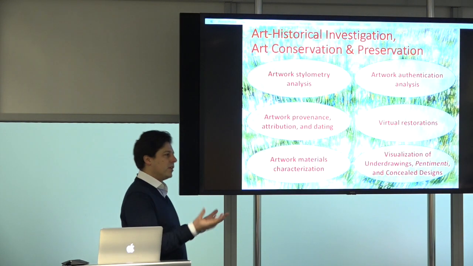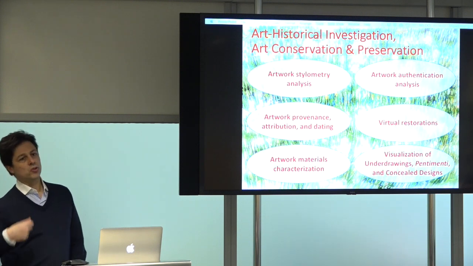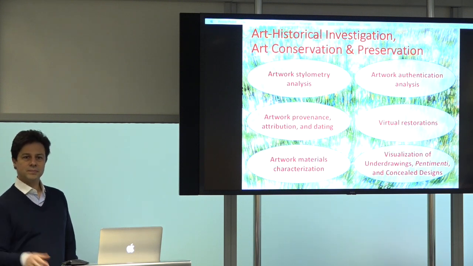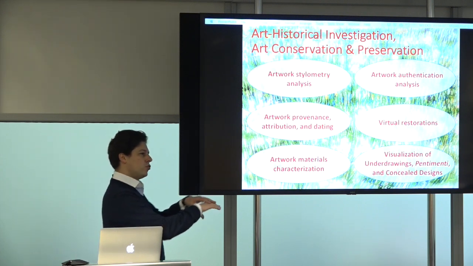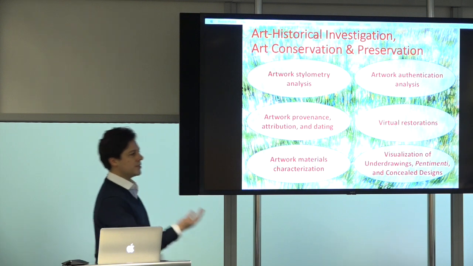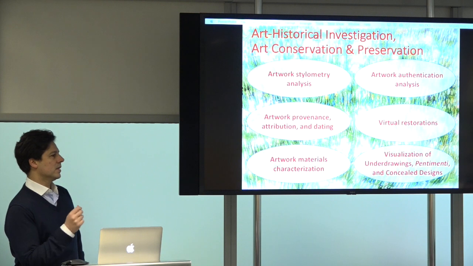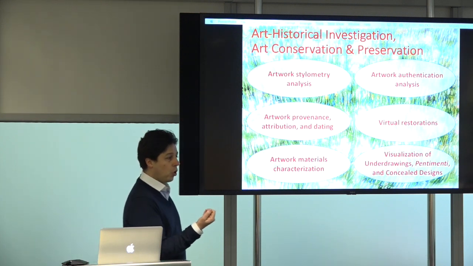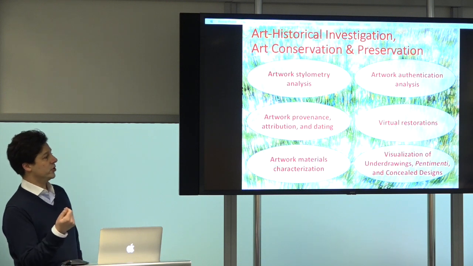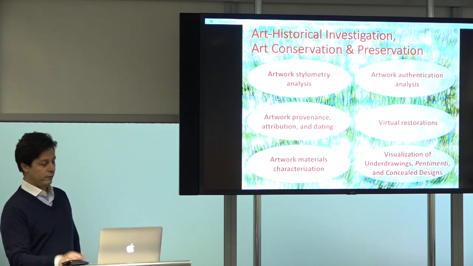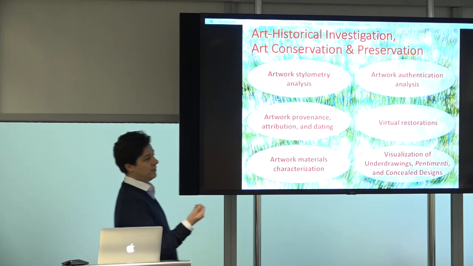So essentially, within the field of art historical investigation, as well as conservation and preservation of art, what we are interested in, beyond, for example, trying to reveal concealed designs, is to carry out various other tasks, ranging from the analysis of the style of artwork, authentication of artwork, which is extremely important, for example, for auction houses, artwork provenance, attribution, and even dating.